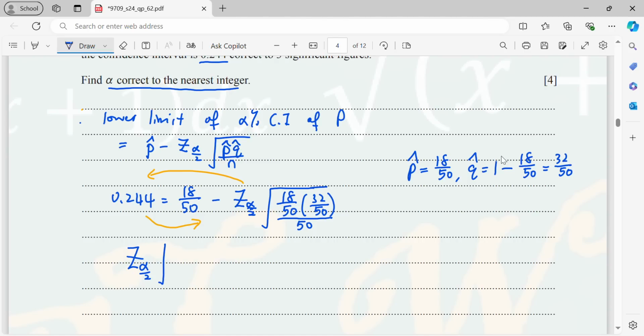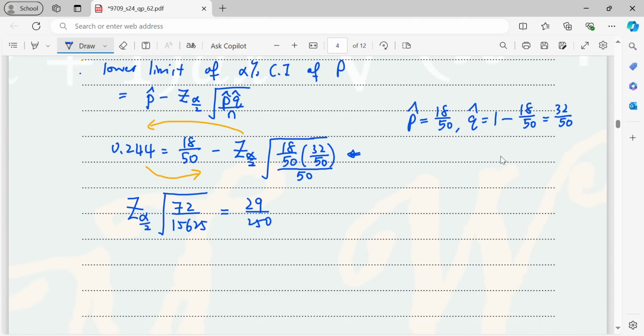Alright, so now when you calculate the whole fraction here, this is going to be 72 over 15625. Then you will get 18 over 50 minus 0.244. That is 29 over 250.